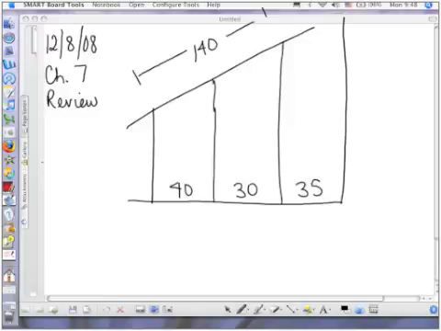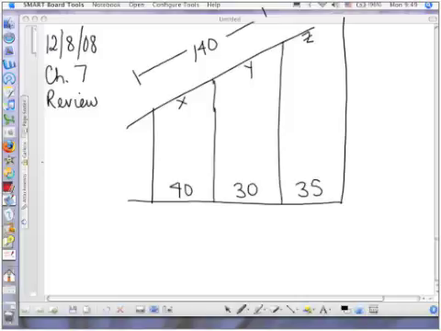I don't know what this is individually, but I do know what this whole length is from beginning to end. It's 140. And I know what this whole length is from beginning to end. Since I know those 2 things, I'm going to use them to find the scale factor of these measures.